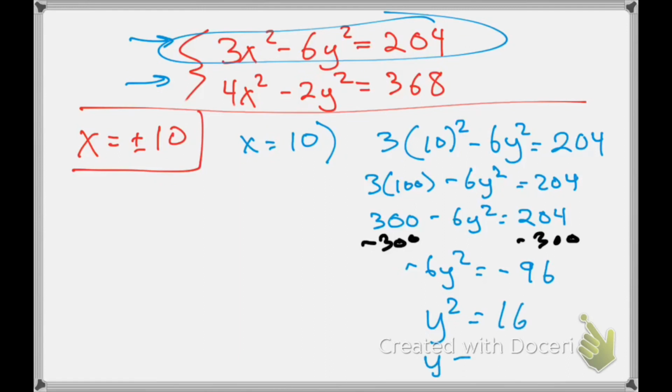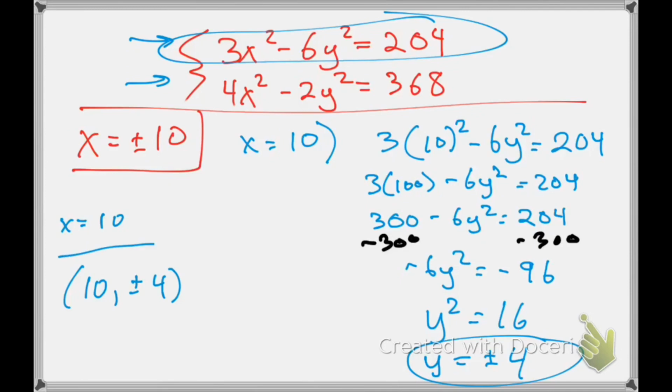Square root of both sides, and get y equals plus or minus 4. So when x is equal to 10, my first solution is (10, plus or minus 4). So this is my first solution that I get. Don't forget the parentheses because it is a coordinate.